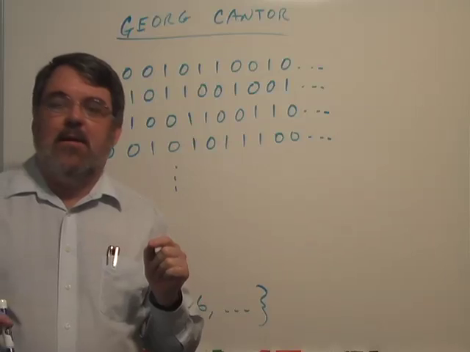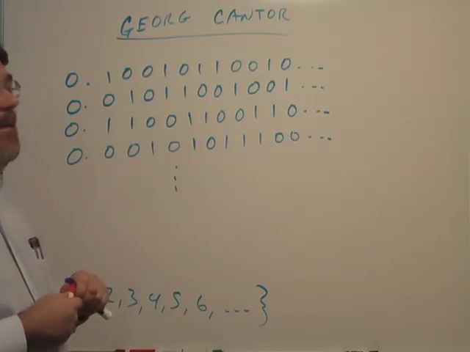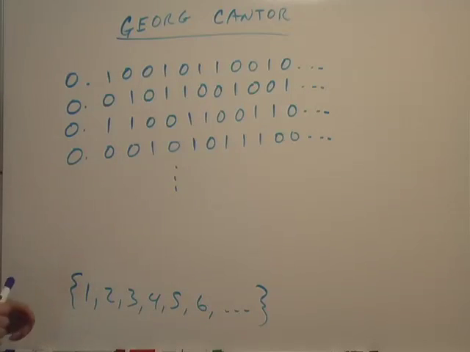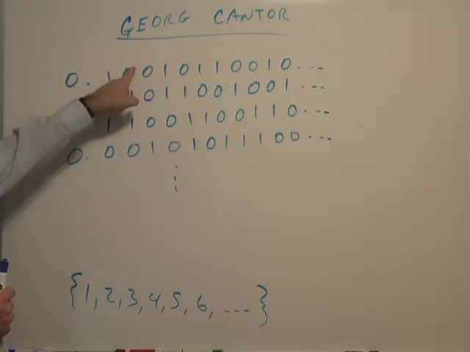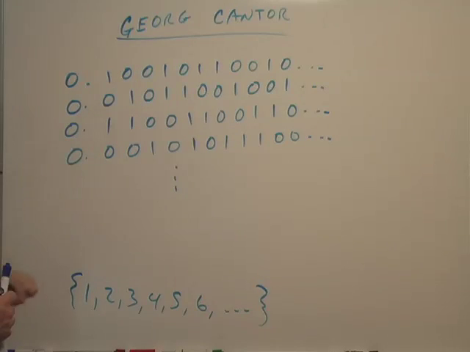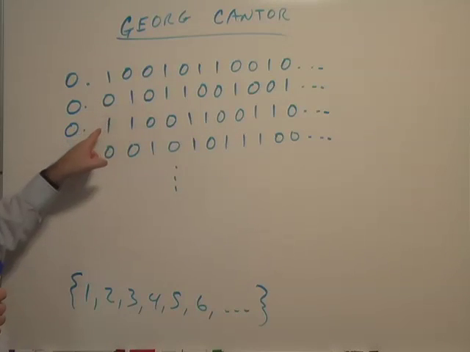We can do a diagonalization scheme where we take the first digit of the first number and match it with 1. And then 2 and 3 will be the second digit of the first number and the first digit of the second number. 4, 5, and 6 will be third digit, second digit, first digit.